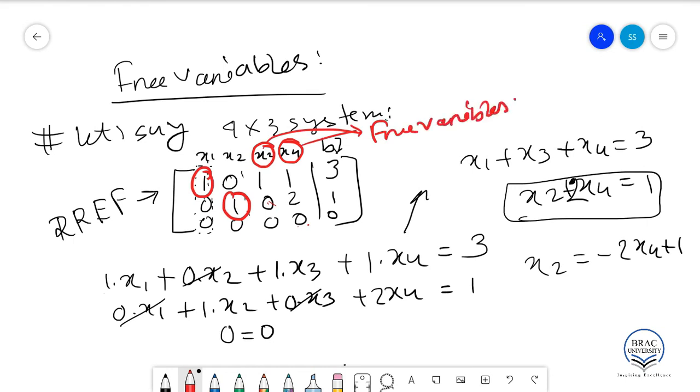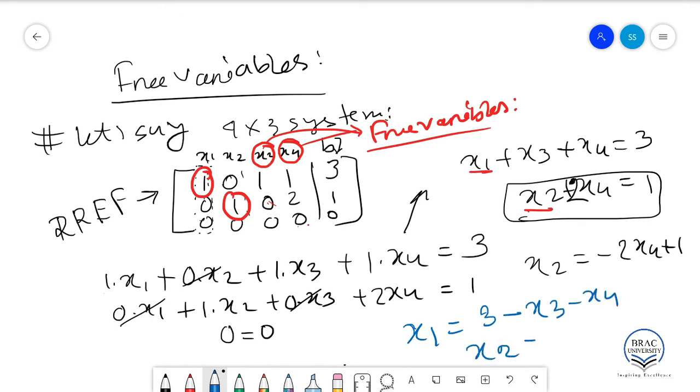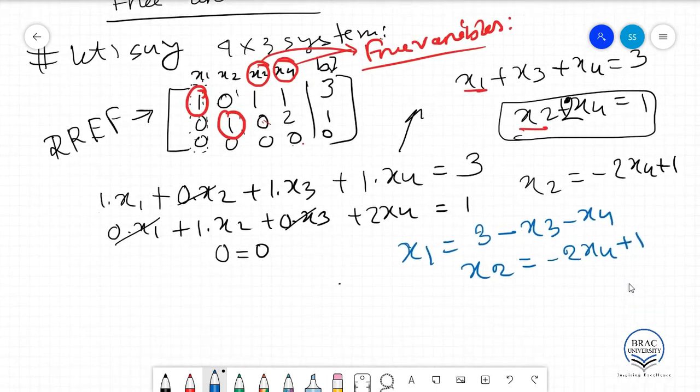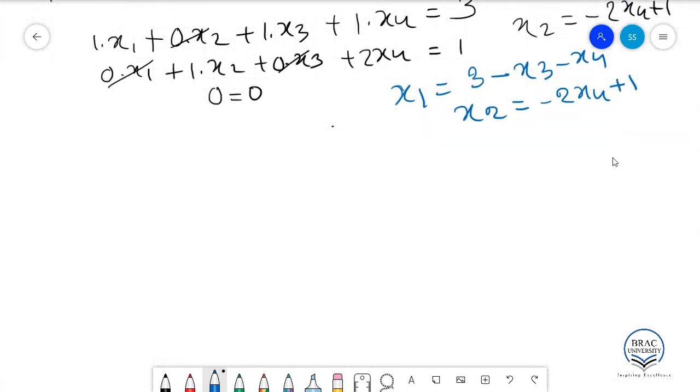Why are they called free variables? Because I can write x1 and x2 totally in terms of x3 and x4, just as follows. Let's say x1 is equal to 3 minus x3 minus x4, and x2 in terms of x4 as well. This is how the term free variable arises.